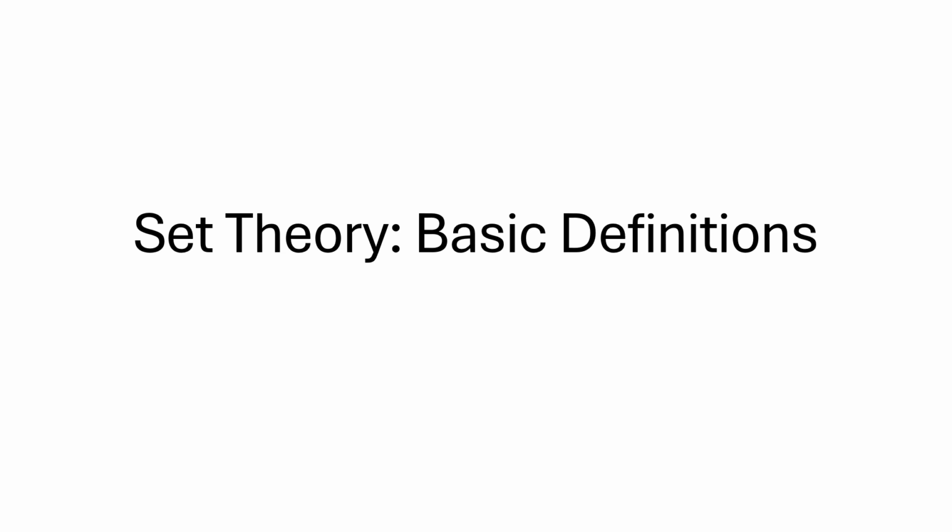One famous example of such problems is called Russell's paradox. Here I'm just mentioning this, but there will be another video where I will talk about Russell's paradox in more detail. For now, let's focus on this practical and simple version of set theory, which is good enough for our intents and purposes.